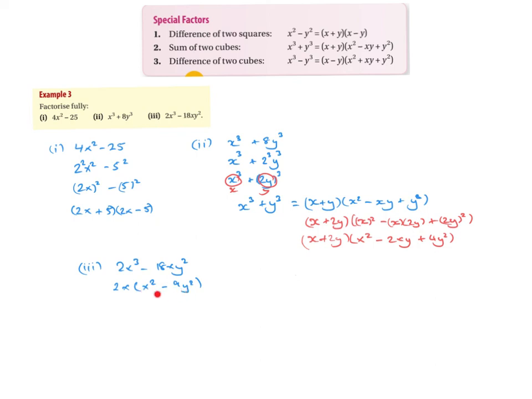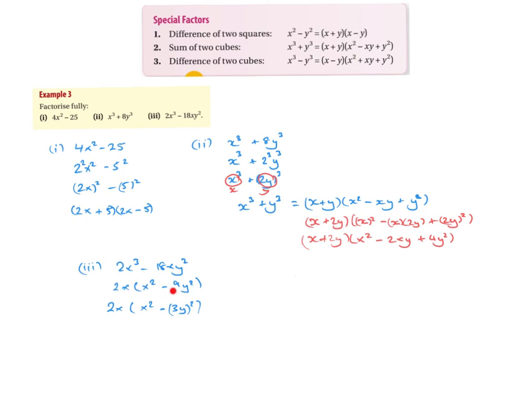Now hopefully you'll notice in the bracket we have x squared minus 9y squared, which is a difference of 2 squares. So now you can see here we essentially have 2x, and we have x squared minus 3y all squared. So we haven't fully factorized at this stage.